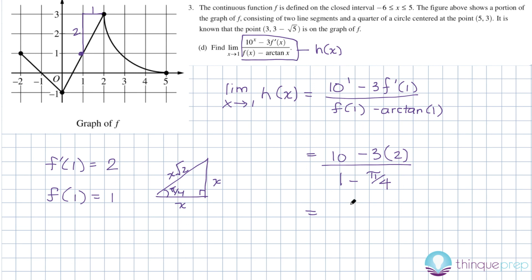If we simplify a little bit further, we get 10 minus 6 is 4 over 1 minus pi over 4. And on the AP Calc exam, it's okay if you leave your final answer in this complex fraction form, as long as your number is numerically equivalent. If you want to simplify a little bit further, you can, so we can multiply the top and bottom by 4. When we do that, we get our limit approaches the number 16 over 4 minus pi. And that's our final answer.